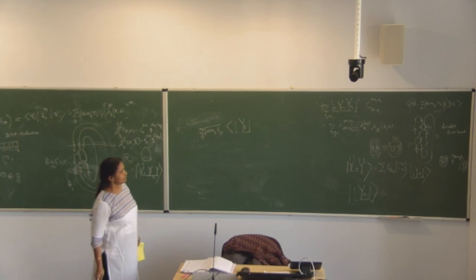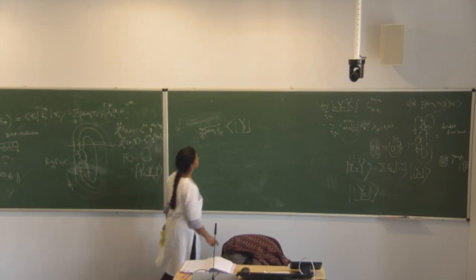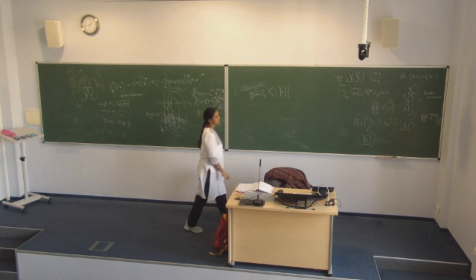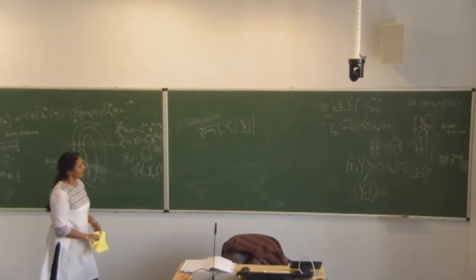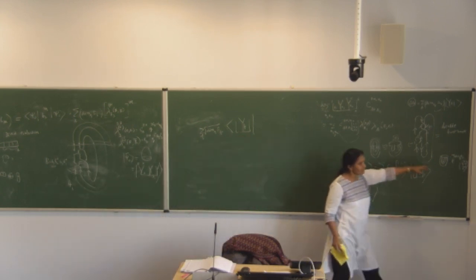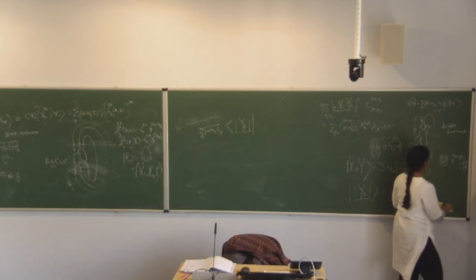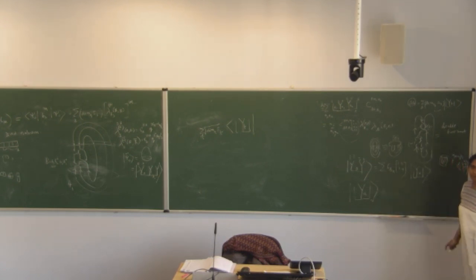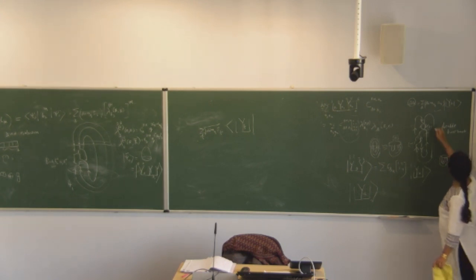Fine. On this basis, I've just written the state. Technically, I should have written this as a dual state. That's all I need. These are all square roots of dimensions.